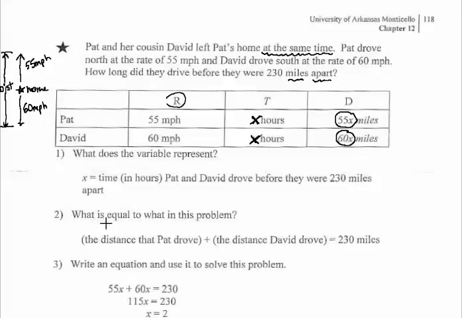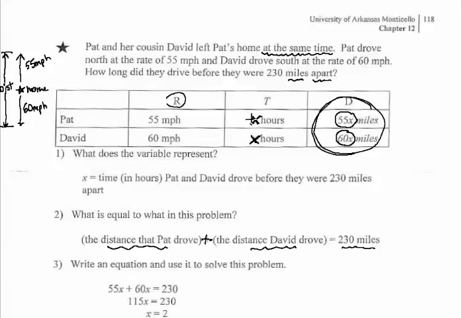Okay, what is equal to what in the problem? Well, we've already talked about the distance, and this 230 that they gave us is just the distance of Pat plus the distance of David, their combined distance. So we have addition in between. You add the two together and that equals 230. So our equation that solved the problem came from this third column here that we had to calculate based on the other two columns.